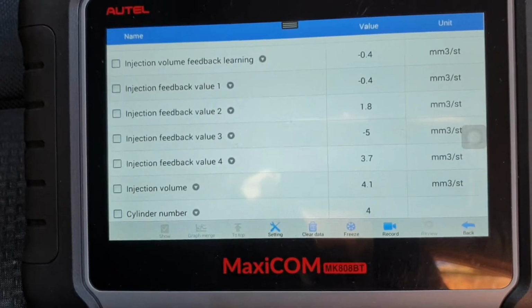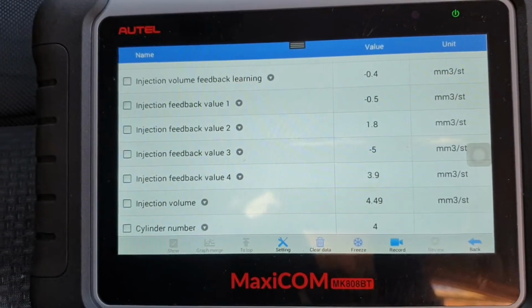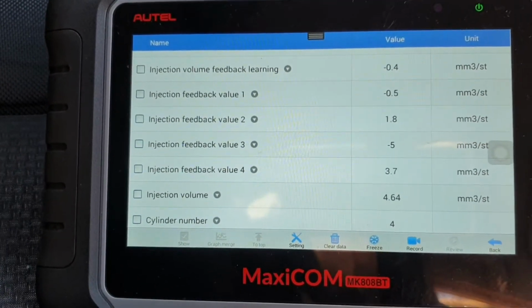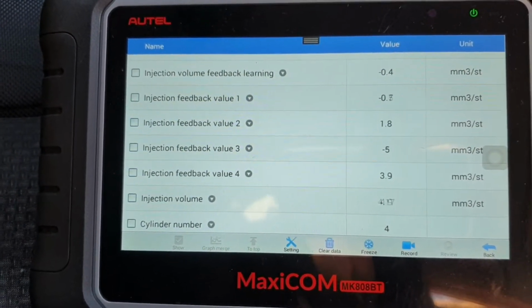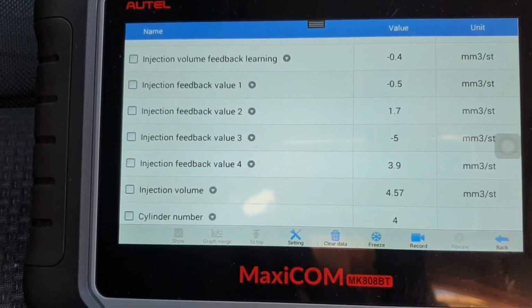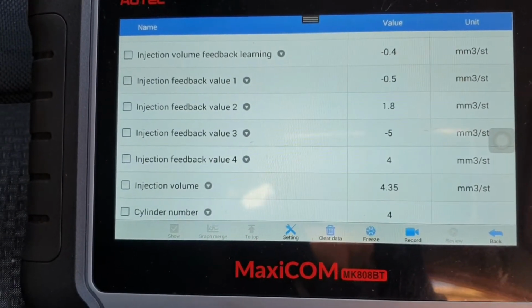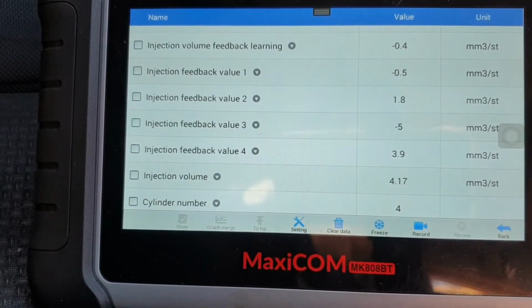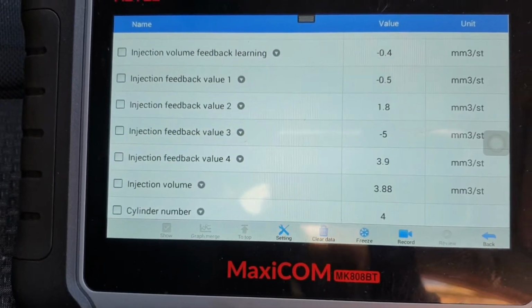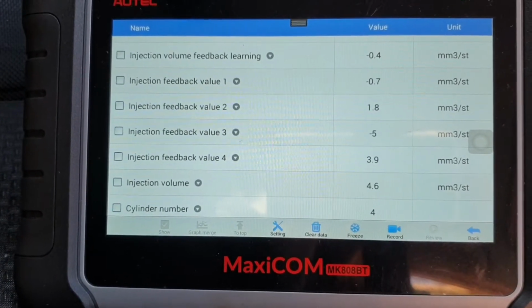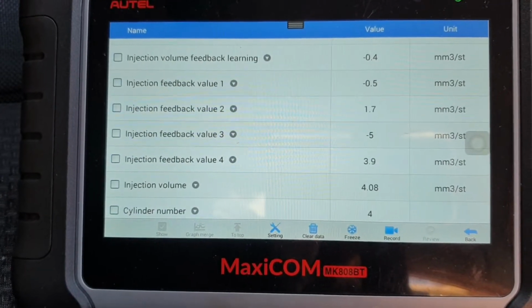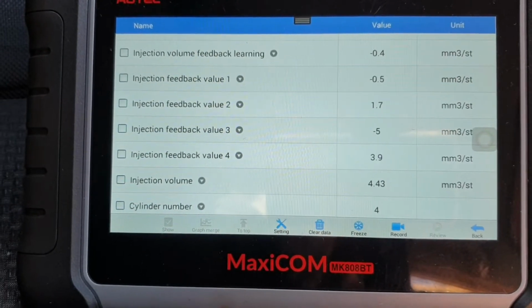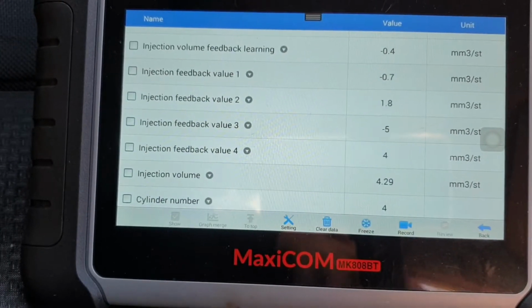So now I have brought the number 3 injector back to life from disabled, and as you can now see, the injection feedback value is -5. It means that injector could be severely leaking, and the injection feedback value of injector number 4 is +5, which is also no good.